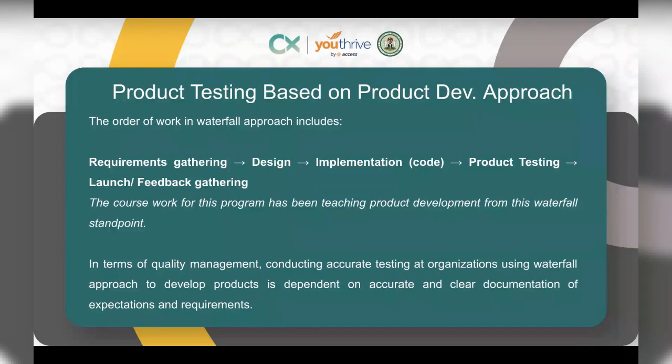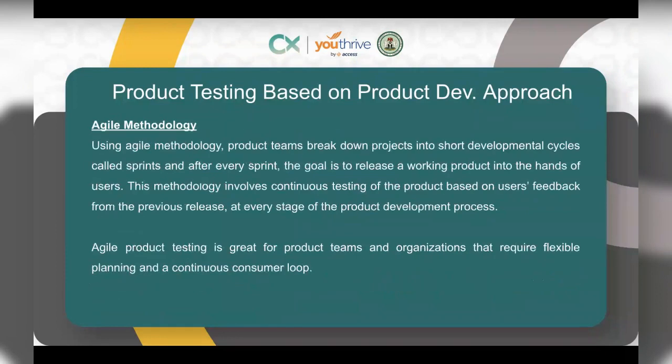If you do not document requirements in the right manner, or in the way that you want it implemented, it affects everything, because you see how even the PRD acts as a benchmark when you are creating your test plan for QA testing, right? So in waterfall, it is very dependent on having accurate and clear documentation of expectations and requirements.